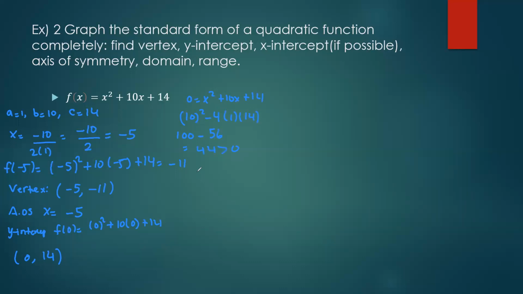It doesn't factor, so unfortunately we're going to do the quadratic formula. So x is opposite of b, which is -10, plus or minus root of b squared, which is 100, minus 4 times a, which is 1, and c is 14, all over 2a. That's 100 minus 56 is 44.